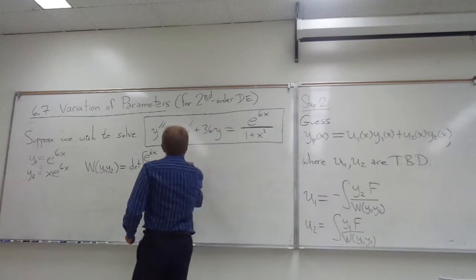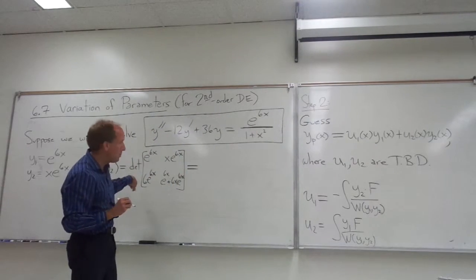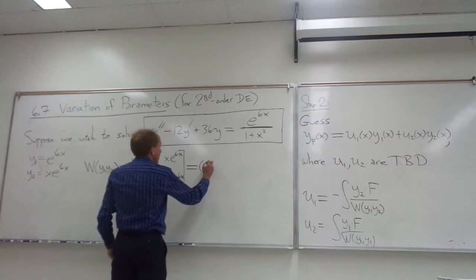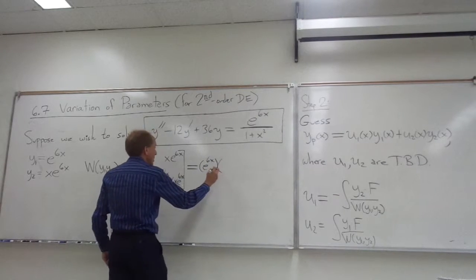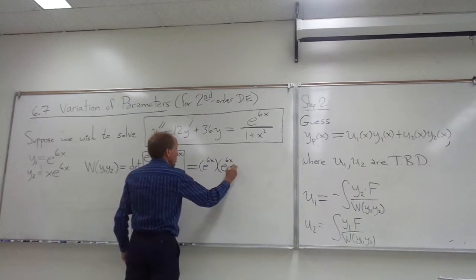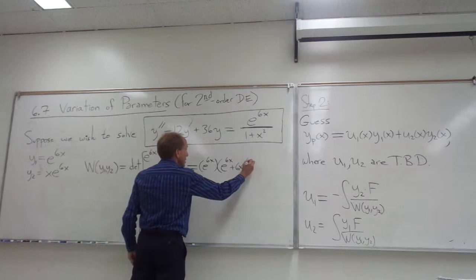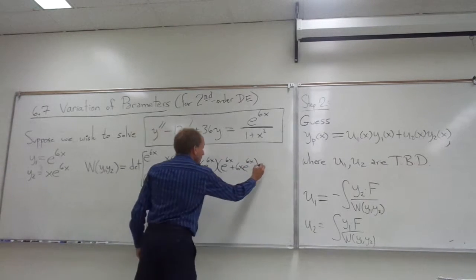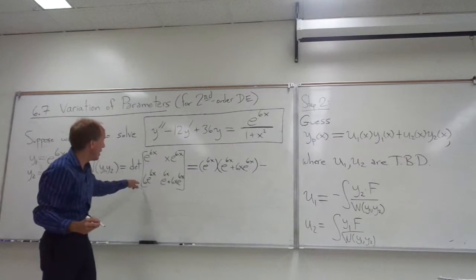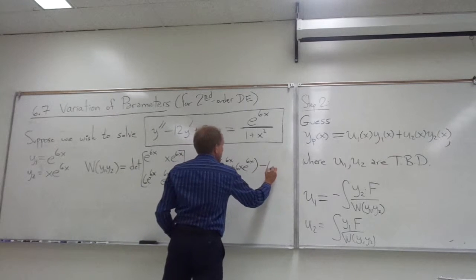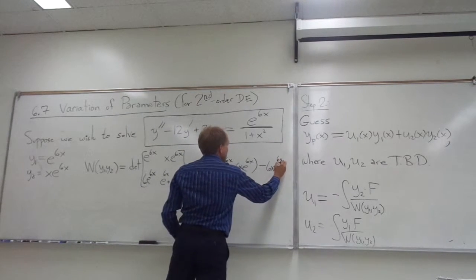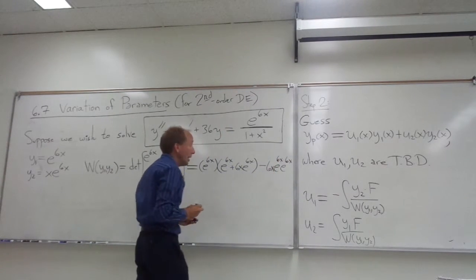All right, so I'm going to use the AD minus BC formula here. I'll have e to the 6x times (e to the 6x plus 6x e to the 6x), and then minus, the opposite diagonal has a 6x e to the 6x and e to the 6x again on it.